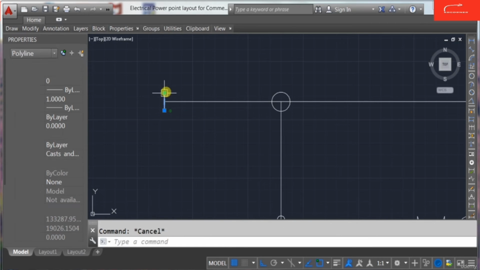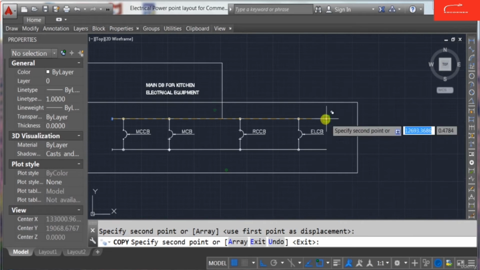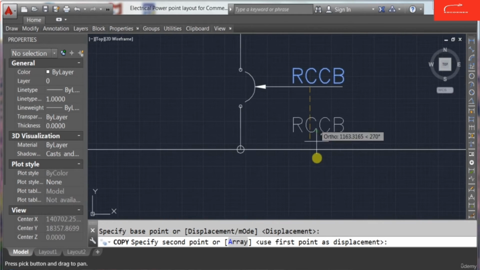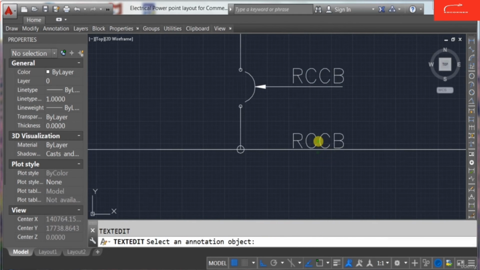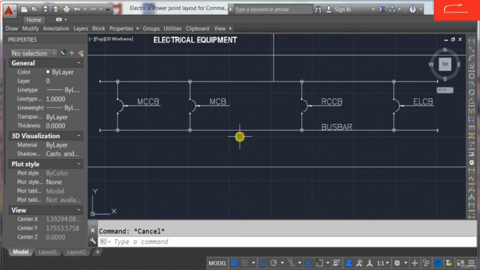So this is the bus bar. This is called bus bar. Now from this bus bar or from this main electrical DB, we require multiple connections for the sub DB, that is sub distribution board, in each and every kitchen.